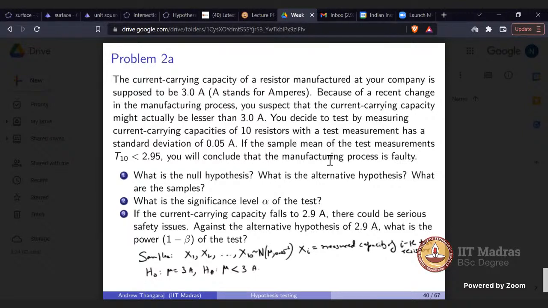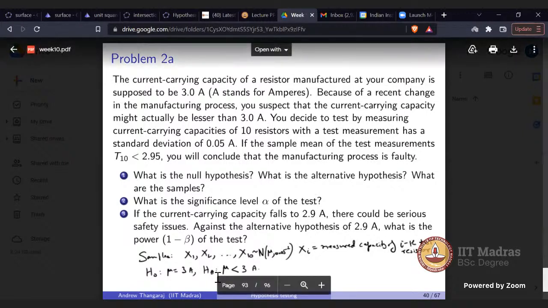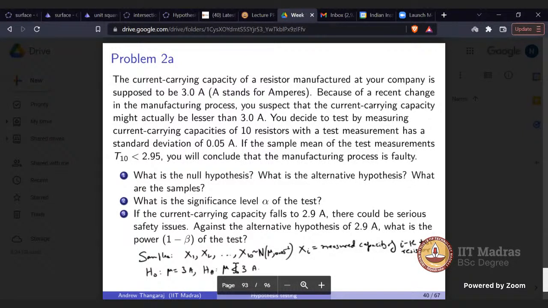Okay, so what we are following in this course is, whatever the null hypothesis is, assume it to be the simple hypothesis. So you know about simple hypothesis, right? Something that is fixed; there is no inequality sign. If you look at the alternative hypothesis, it is mu less than 3 ampere, so mu can take any value here. If it is mu greater than 3 ampere, again it can take any value.